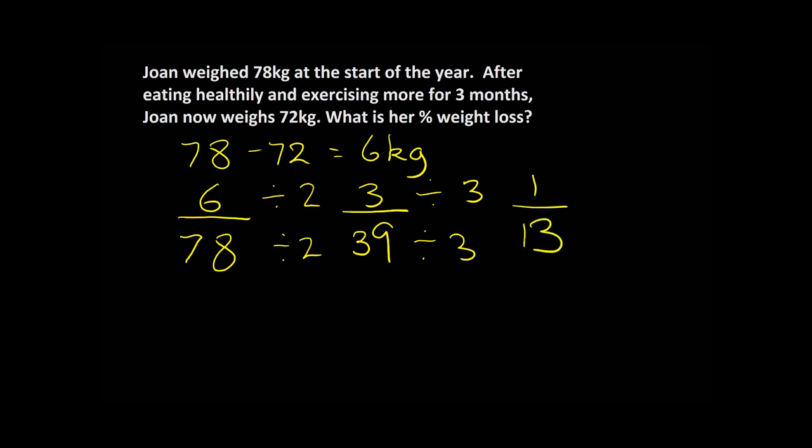Okay, so now you're going to convert this into a percentage. In this particular case, you would use a calculator. So 1 divided by 13 will give you the decimal form, then multiply by 100, that gives you the percentage. And so you'll find if you do that, that 1 over 13 is the same as 8% if we round it off to 2 decimal places.